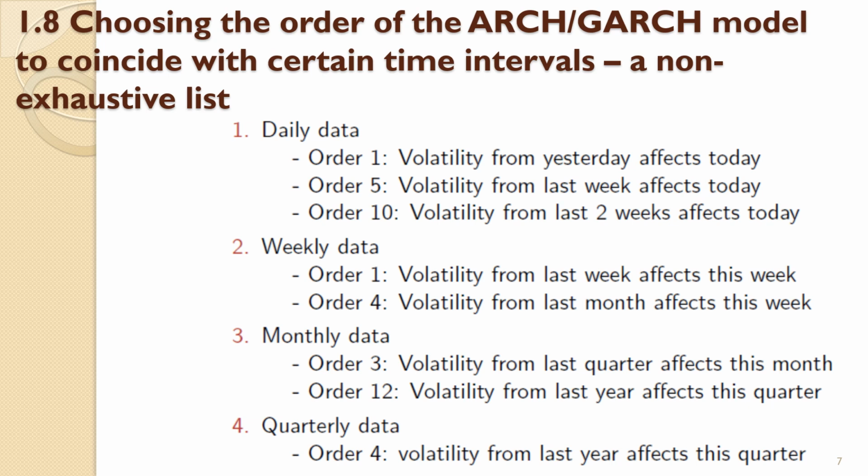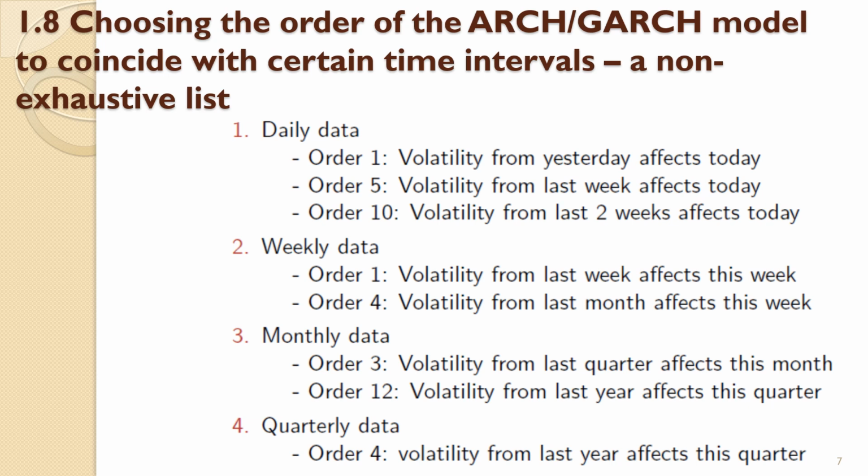An order 5 model would mean that volatility from the last trading week affects today. An order 10 model would mean that the volatility from the last 2 weeks feeds forward and affects today. With weekly data, an order 1 model might mean that volatility from the last week affects this week. An order 4 model might mean that volatility from the last month affects this week.